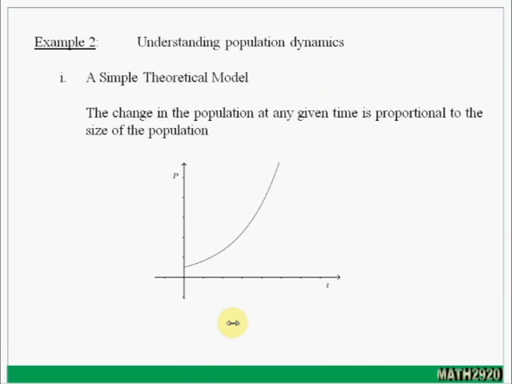And of course, that is actually quite true in the early stages, say, of growth of bacteria in a controlled environment. Eventually, of course, what happens is that other factors come into play. For example, you might start running out of food, you might start running out of land or whatever. And so therefore you have to go back and change your model, make it more complicated. But that is a very simple theoretical model.